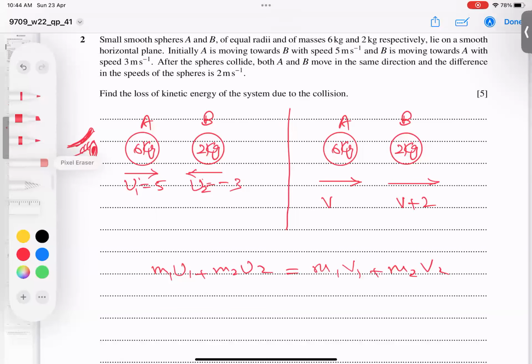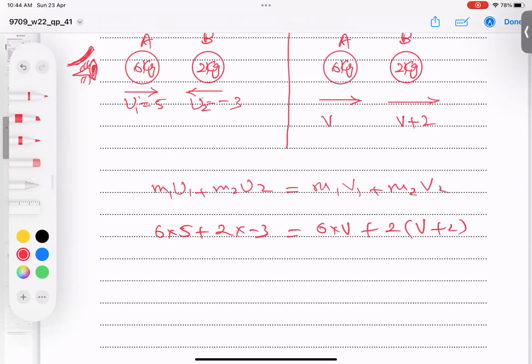Apply mass, very clear. Mass one is 6 kilograms and speed is 5, so 6 into 5. Mass is 2 kilograms and speed is -3. Mass one is 6 and velocity is v, so 6 times v. Mass is 2 kilograms and velocity is v plus 2.